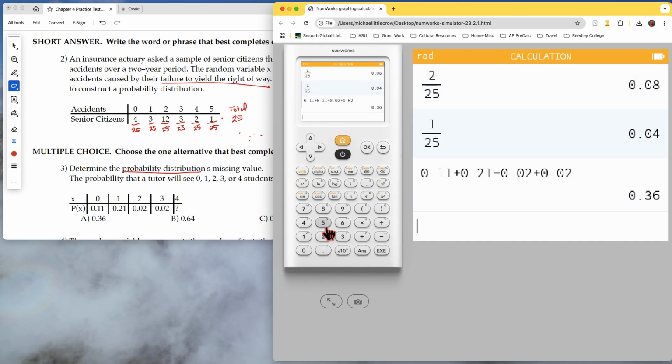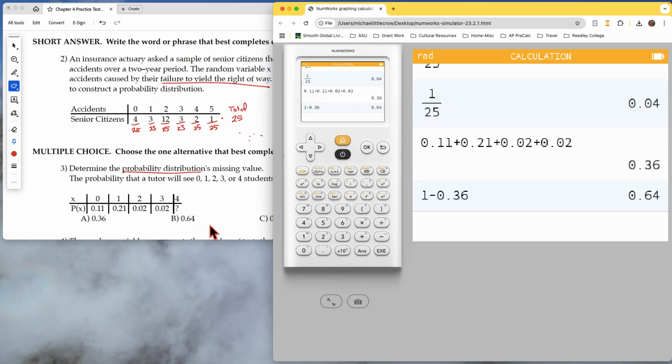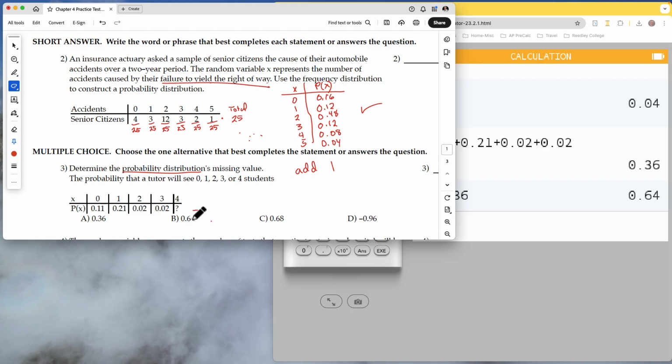Come up with 0.36, and we're going to take 1 minus that. Notice there's the answer key here, so I can just pull back that answer, and we get 0.64. That's what we got there, 0.64.